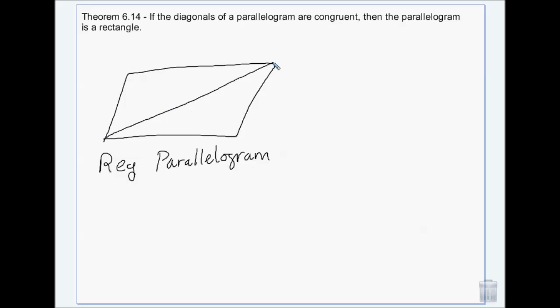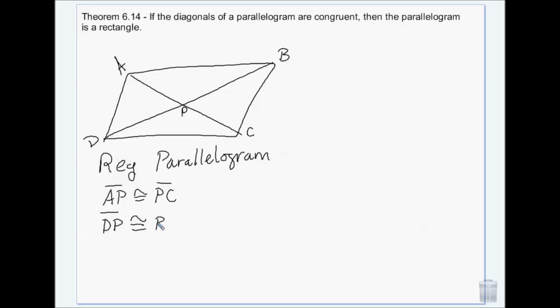We have diagonals, and I'll just call this A, B, C, D. In a regular parallelogram, AP is congruent to PC, and DP is congruent to PB. But DB and AC are not necessarily congruent.